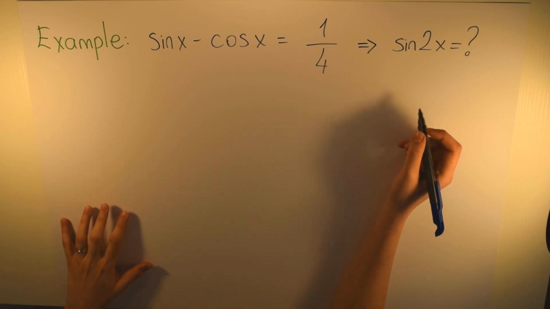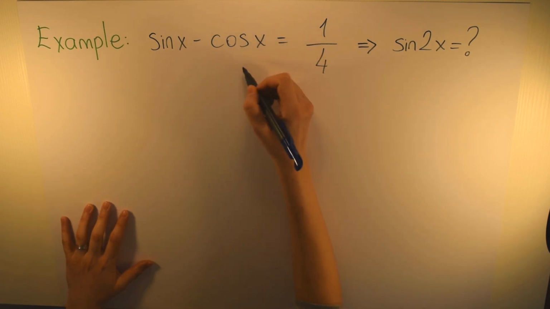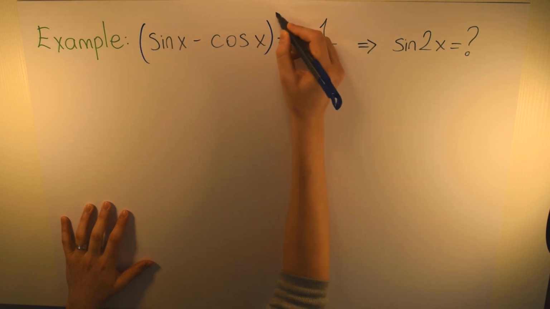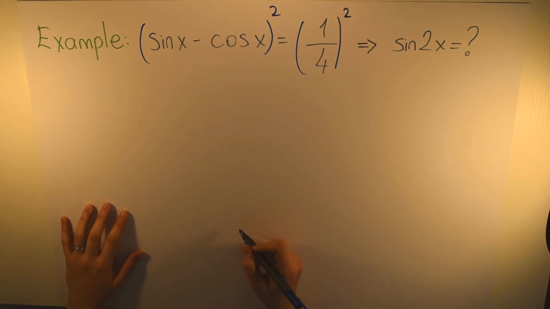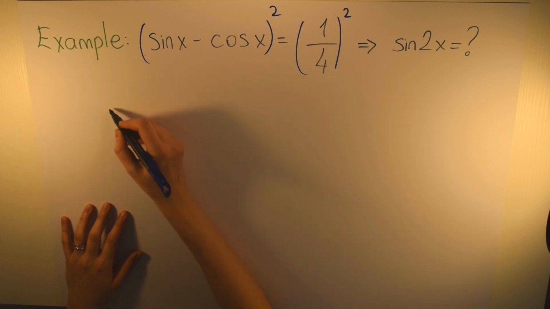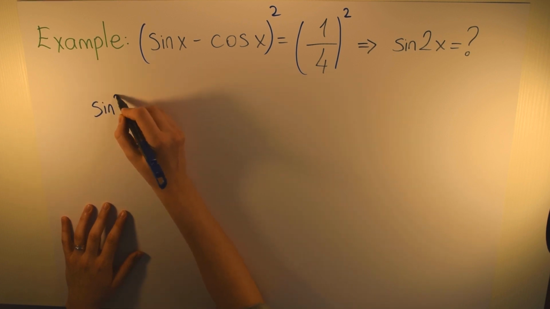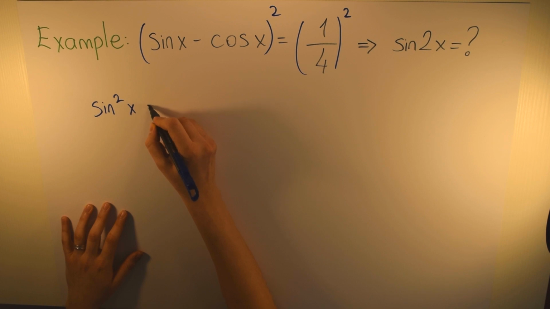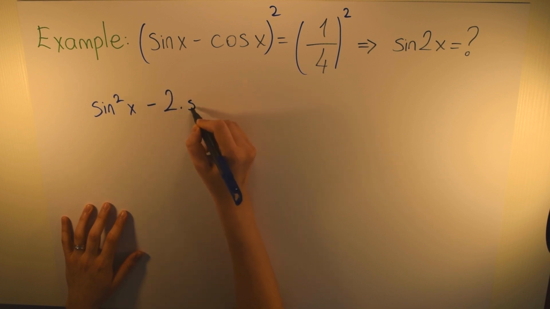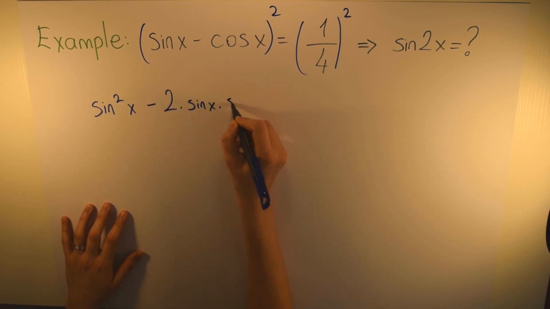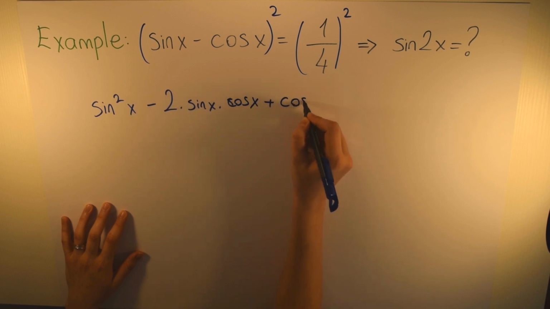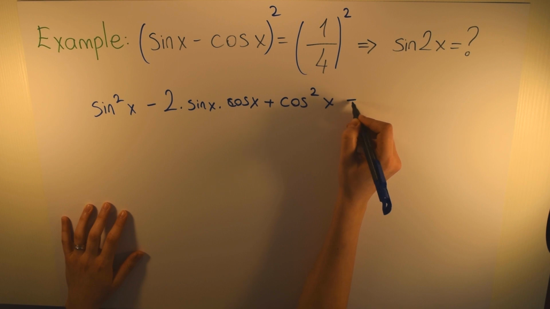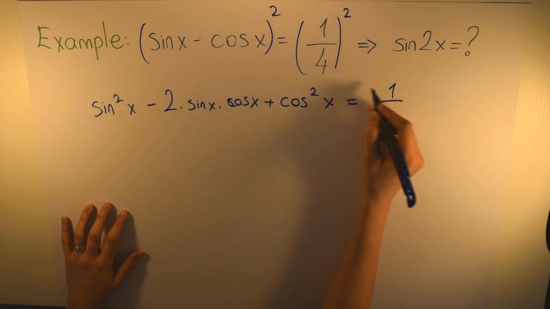So let's take the square of both sides. Here we put square, and we also put square here, and from here it will be sine square x minus 2 times sine x times cosine x plus cosine square x, which is equal to 1 over 4 squared.